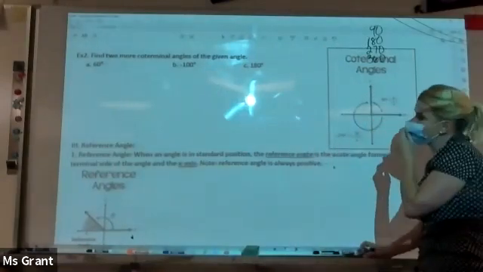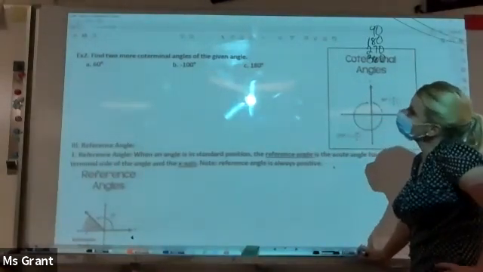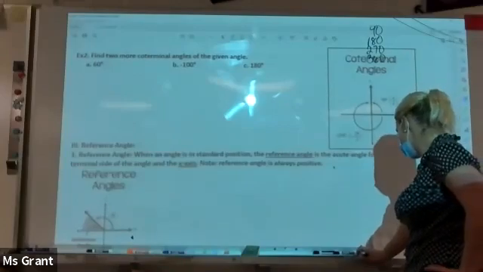Okay, a coterminal angle. Find two or more coterminal angles for the given angle.